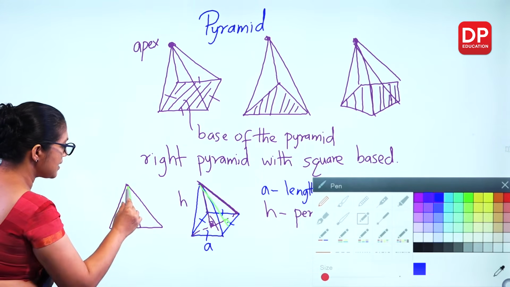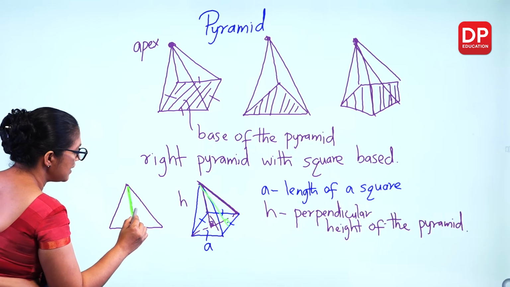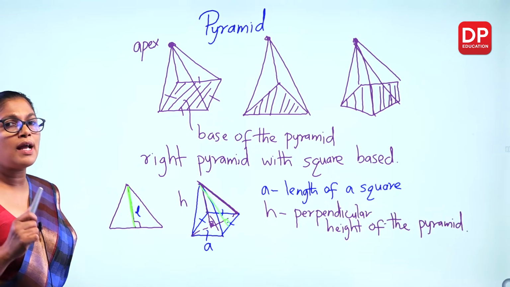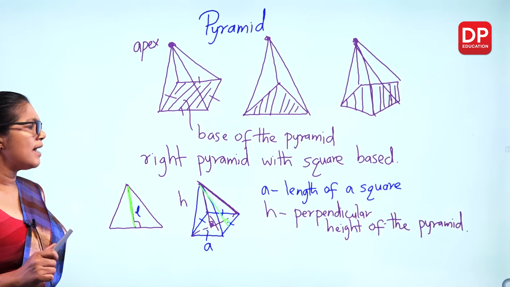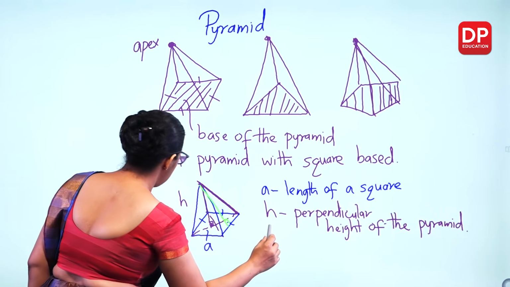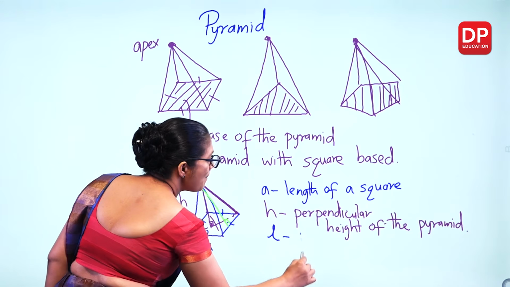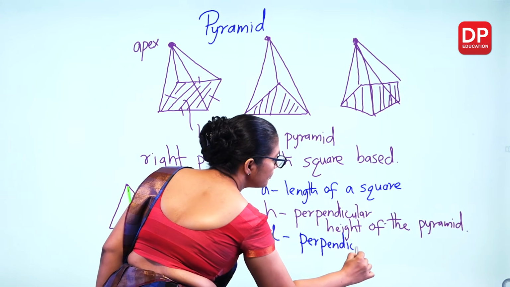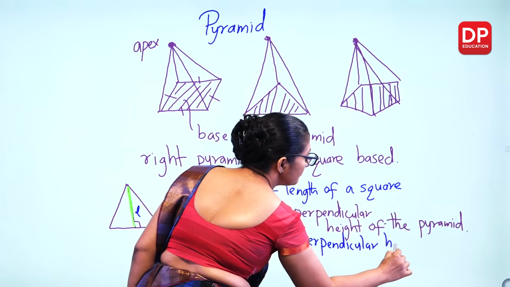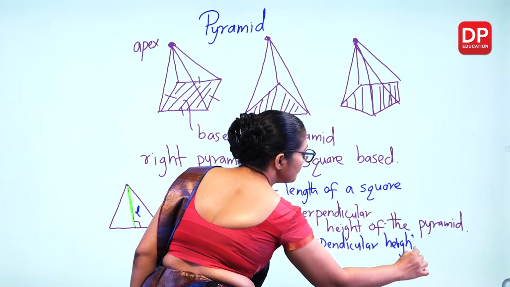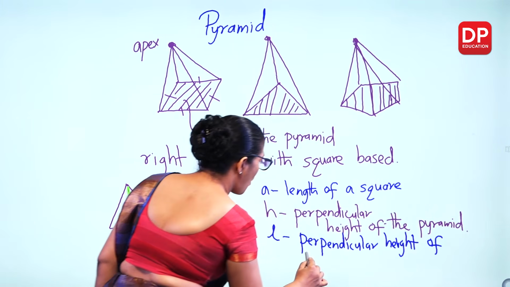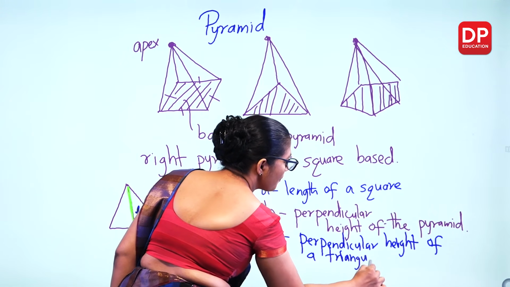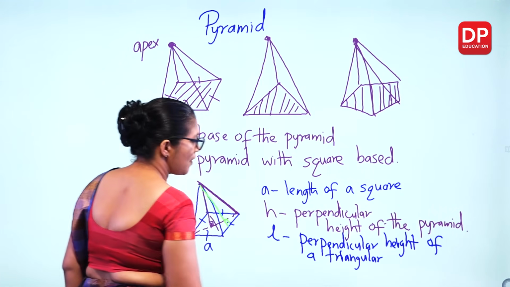I'll take this one as L. So that's the perpendicular height of a triangular face. So we need L, the perpendicular height of a triangular face.